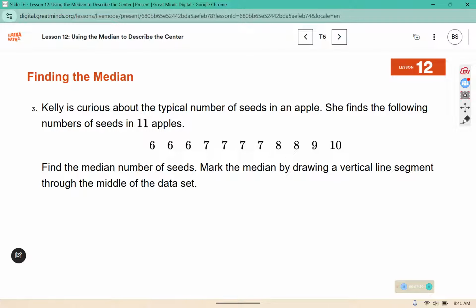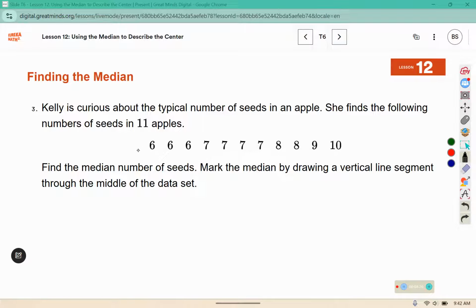Number 3. Kelly is curious about the typical number of seeds in an apple. She finds the following numbers of seeds in 11 different apples. Find the median number of seeds. Mark the median by drawing a vertical line segment through the middle of the data set. So for the median, we want the same number on each side. Let's see, if I did 4 here and 4 here, looks like I still need to go further than that.